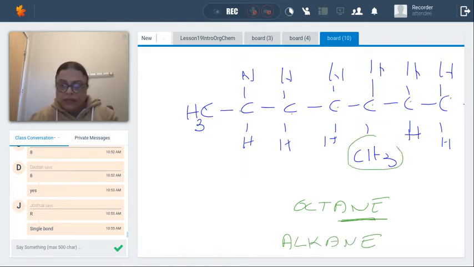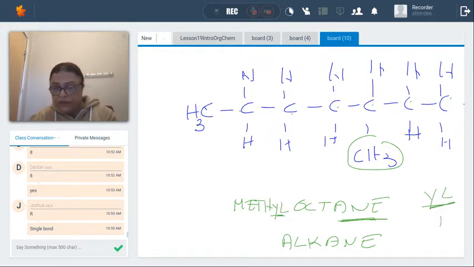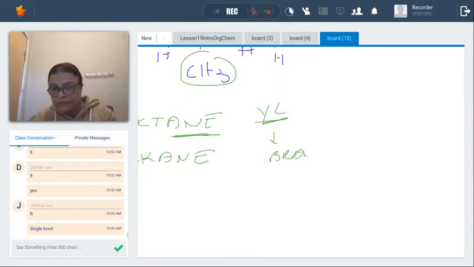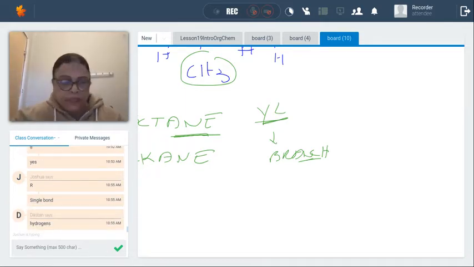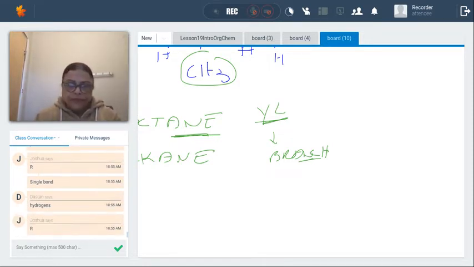Okay, so I have a branching here that has 1 carbon. So it is methyl branching. What is missing? If you look at the name, something is missing. No, all the hydrogens are there. What is missing?